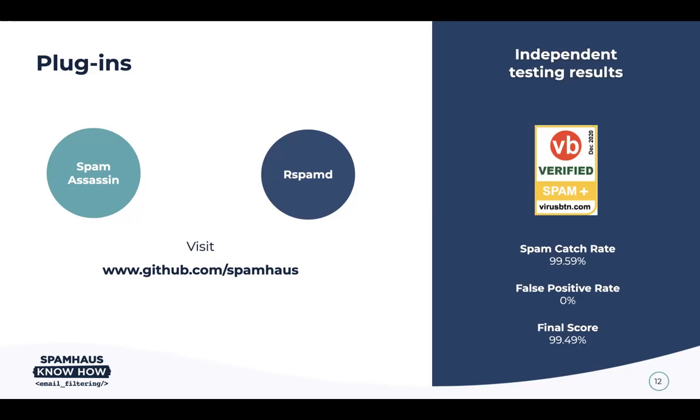Now, what does that mean? Well, it means that if you apply our data at the MTA level directly, instead of using the primitives and functionalities allowed by, in this case, Rspamd, or in general by any of these filtering platforms, filtering toolsets, you're basically depriving the tool itself of this learning capacity, because bad messages are not reaching it, because you are dropping them before they can reach it.